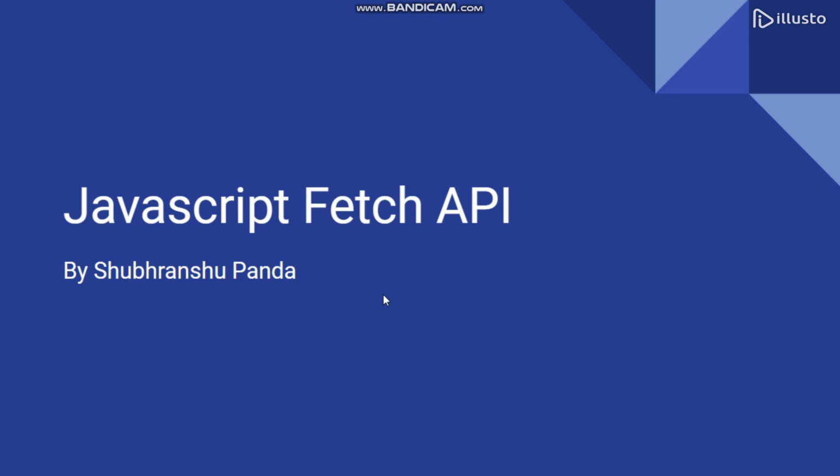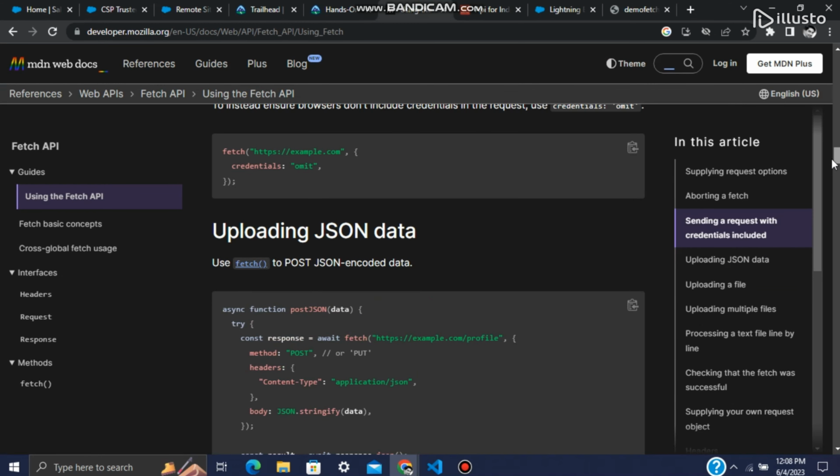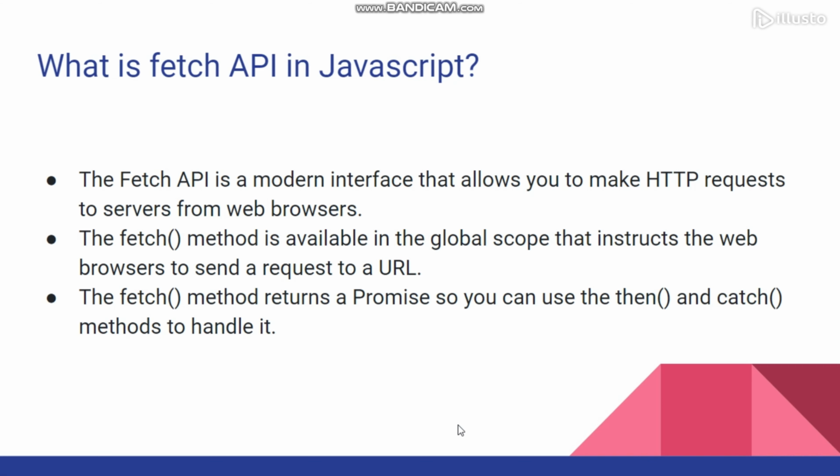For the JavaScript Fetch API, you can go to the official JavaScript website and search for whatever content is written there. But for an overall view, I'll give you a quick explanation.